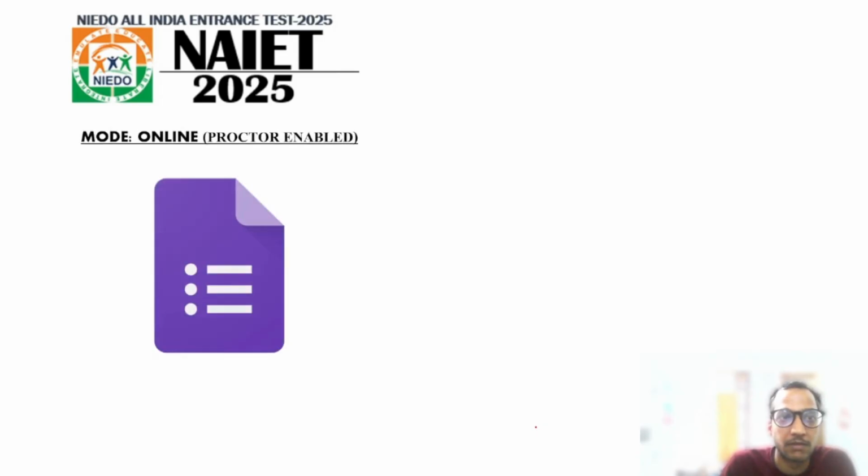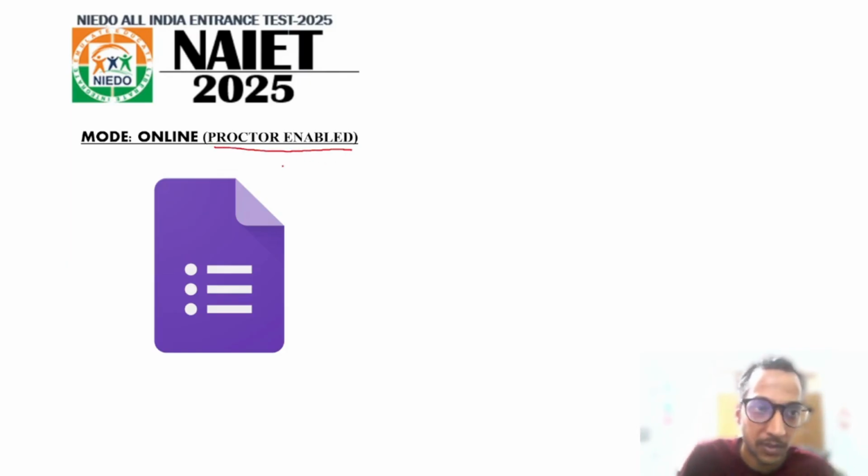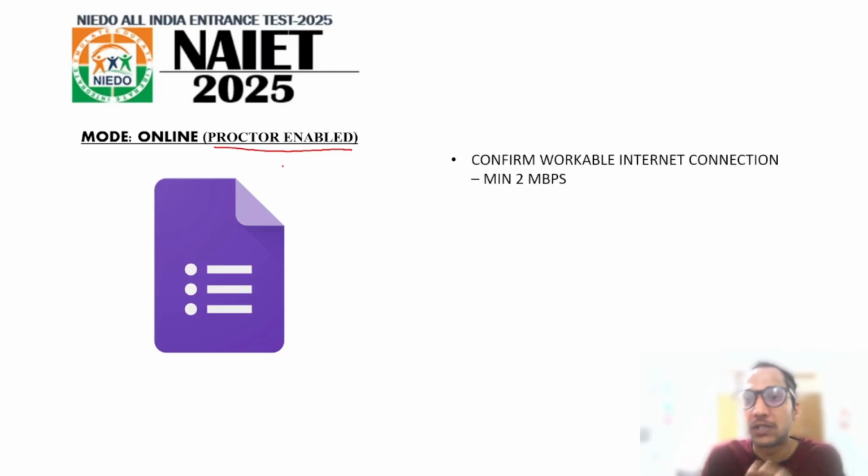Now let's understand that if you are going to appear for the online NAIET examination, this examination is going to be proctor enabled. What do we mean by proctor enabled? We'll talk about it. But first of all, when you're going for an online test, you should ensure that you have a workable internet connection.